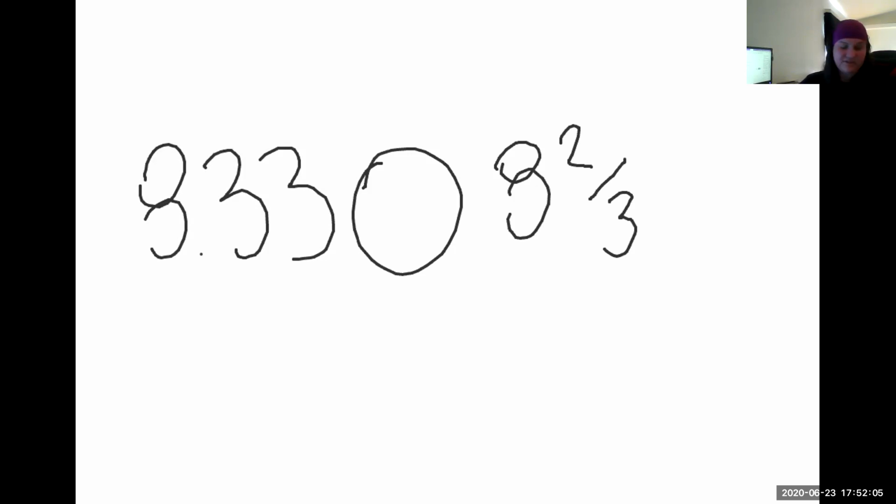And again, we have to change it from a fraction to a decimal. So to change it to a decimal, we need to put it into an improper fraction first, and then do the math on it. So 8 times 3 is 24, plus 2 is 26.